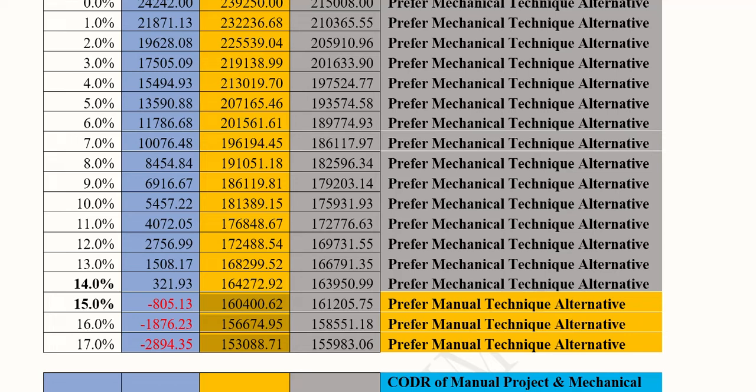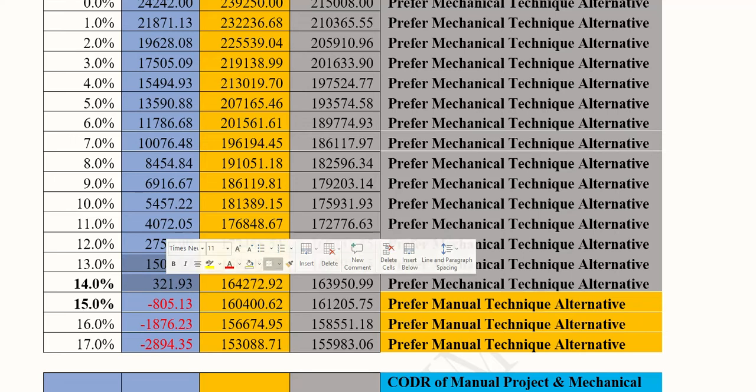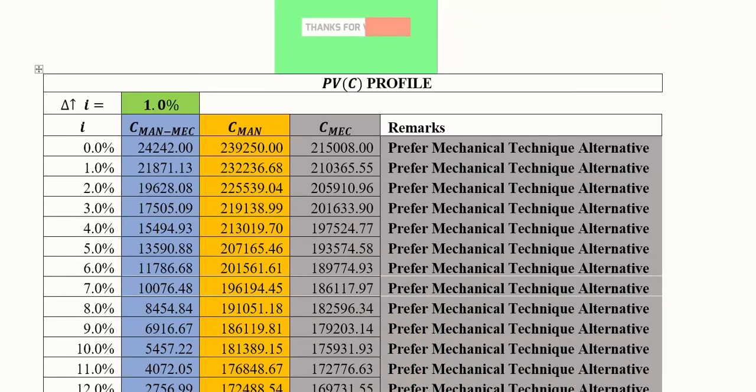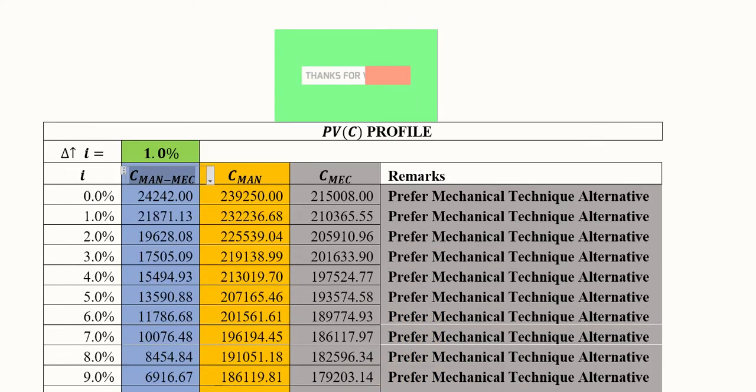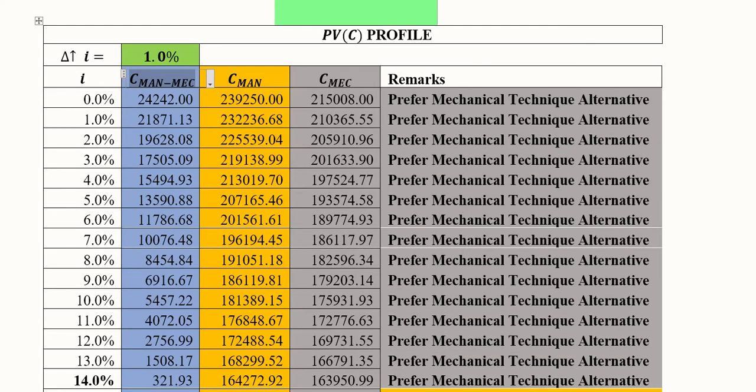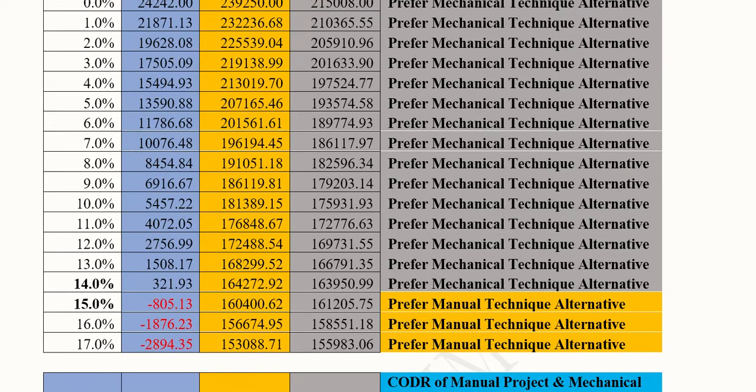Here the stream has become negative after this, and the difference is in the form where the manual technique comes before the mechanical technique. So this is the value which is the additional cost undertaken on the manual technique as compared to the mechanical technique. It is positive here.